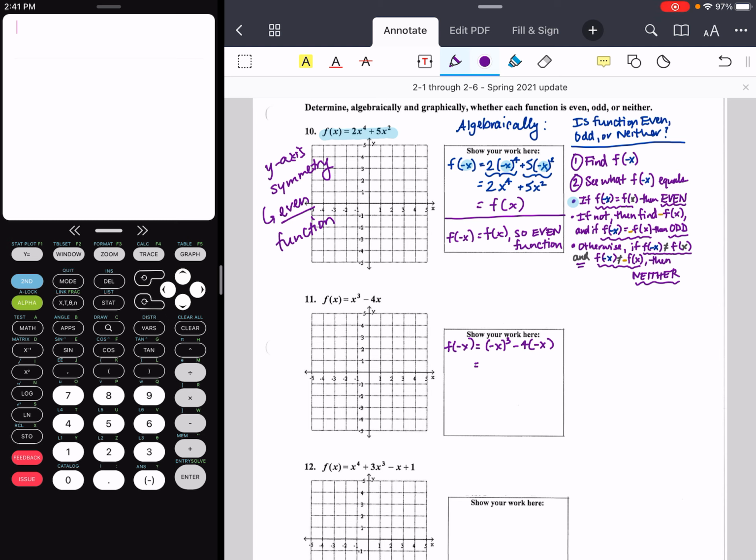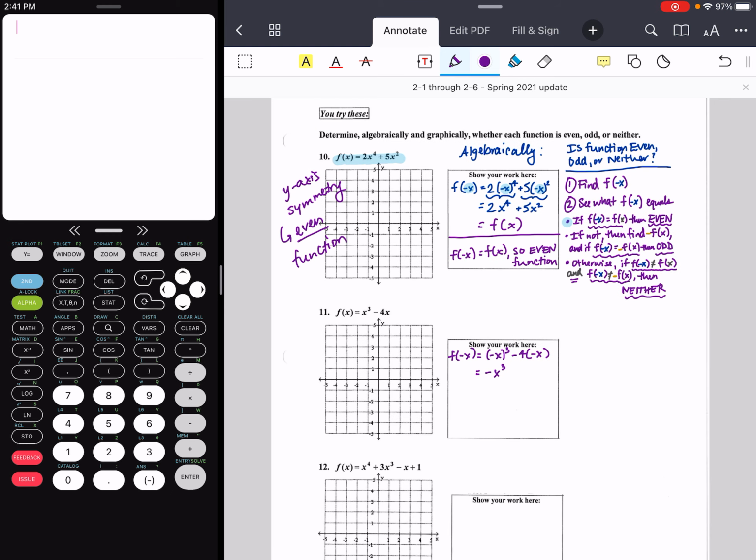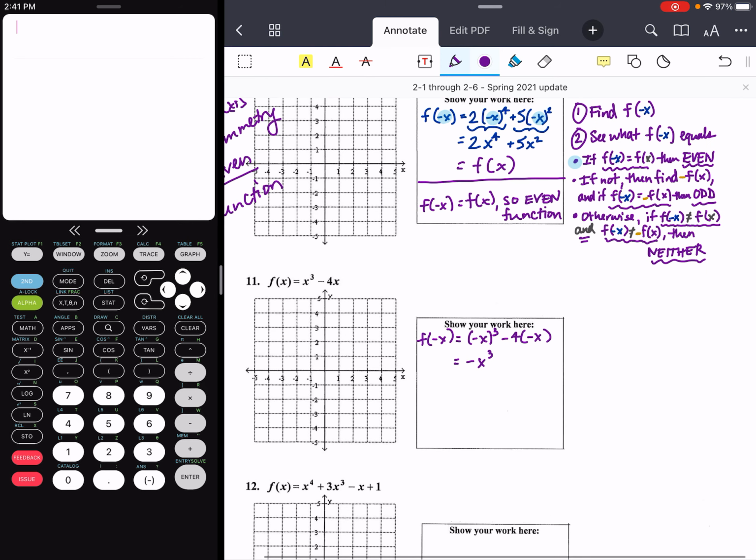Negative x raised to an odd power like 3 stays negative, so I end up with negative x cubed. And then negative 4 times negative x gives me plus 4x.